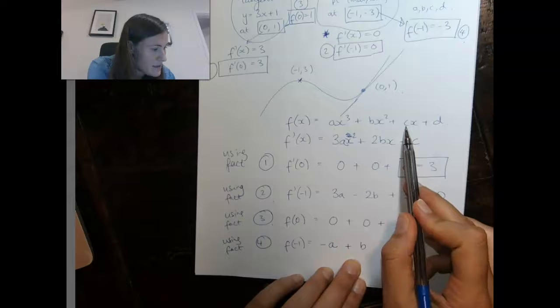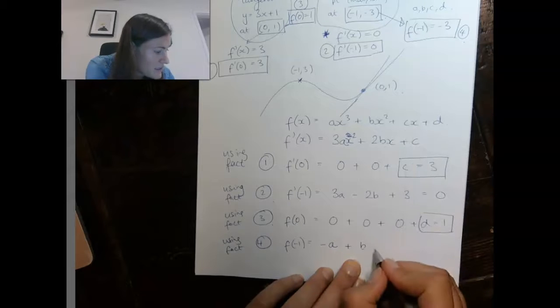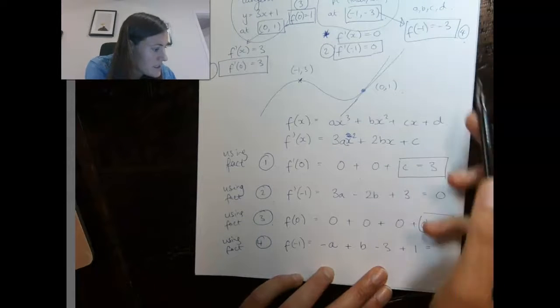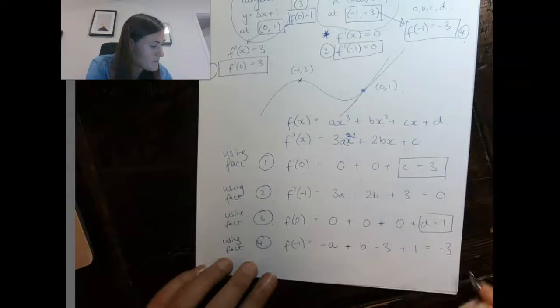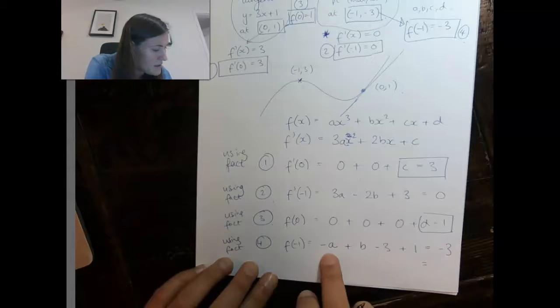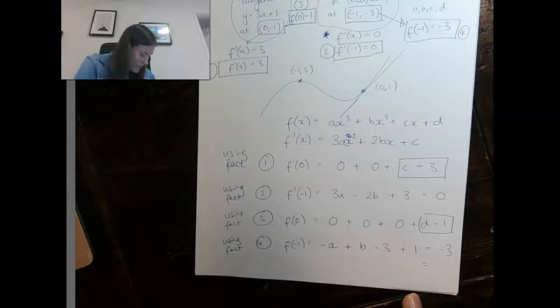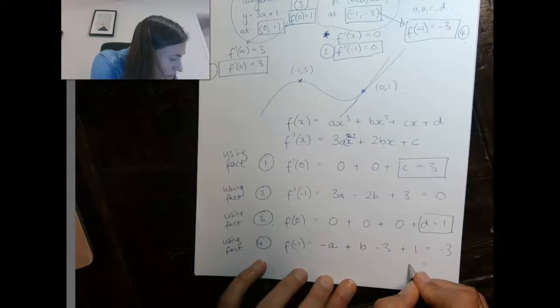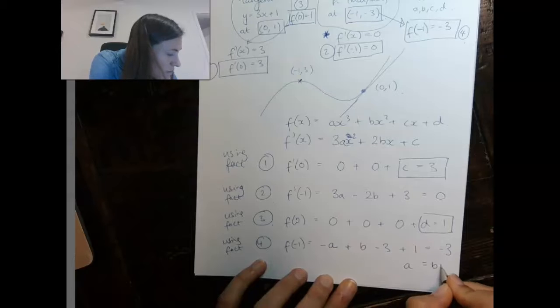C is 3, and x is negative 1, so that's minus 3, and then d is 1. And that answer is negative 3. So let's simplify that. I get minus a plus b plus 1 equals 0. Okay, and I might just simplify that even further and say, okay, that means a is b plus 1.